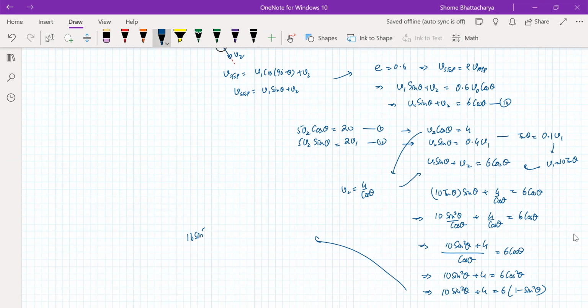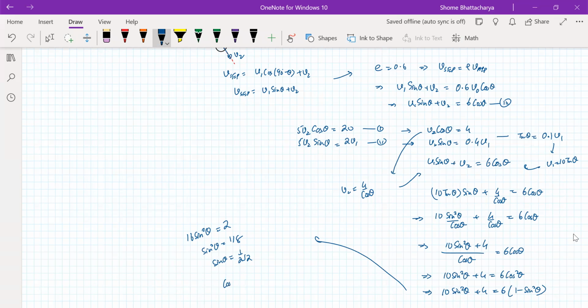16 sin square theta will be equal to 6 minus 4 or 2. So we're getting sin square theta as 1 by 8, or sin theta as 1 by 2 root 2.